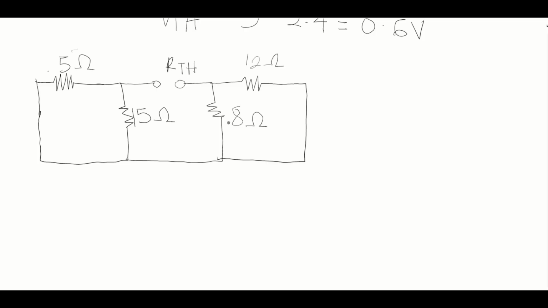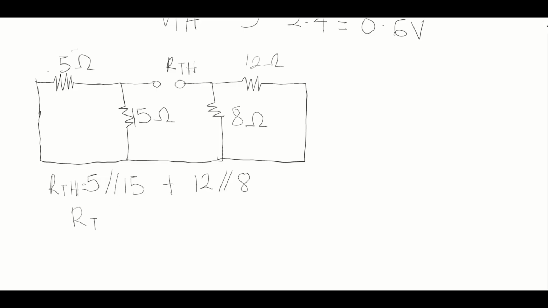What you would realize is that if you are looking through this open circuit, the 5 ohm and the 15 ohm resistors are going to be in parallel, and then the 12 ohms and the 8 ohms are also going to be in parallel. So the RTH is going to be equal to the 5 in parallel with 15 plus the 12 in parallel with 8.